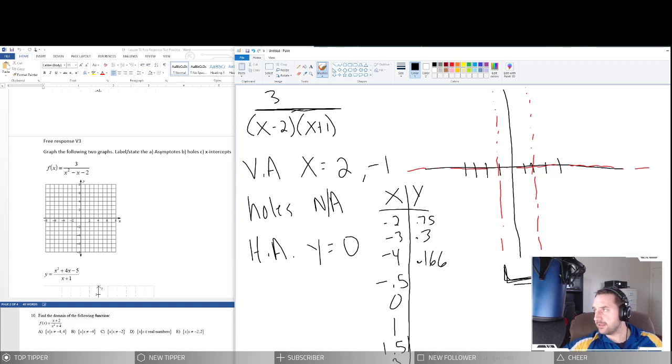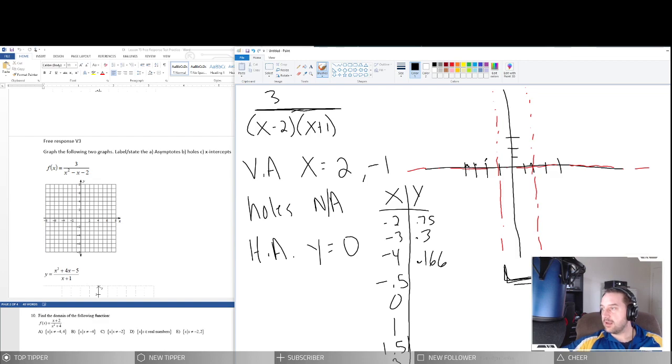So modeling that real quick, if I say that's 1, that's 2, and that's 3, at -2 is 0.75. At -3 it was 0.3. And then at -4 it was 0.166. So it looks like it's getting lower.